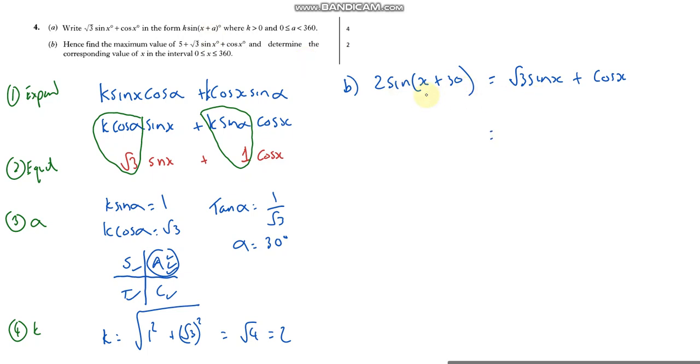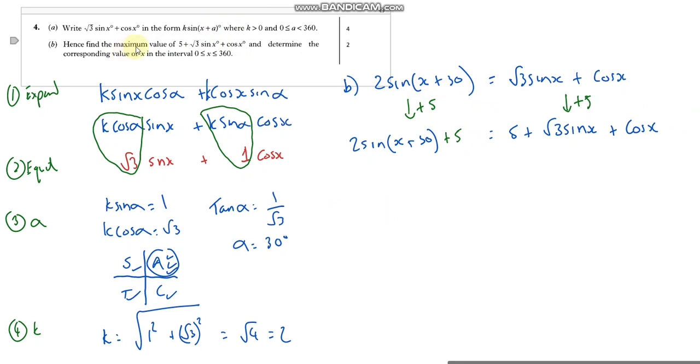And now I'm trying to find the value of 5 plus root 3 sine x plus cos x. So what I've done to get from here to here is I've added on 5. So now I have to do the same in mine. I have to say, okay, plus 5. So that's going to give me 2 sine x plus 30 plus 5. I'll do it to one side, do it to the other.